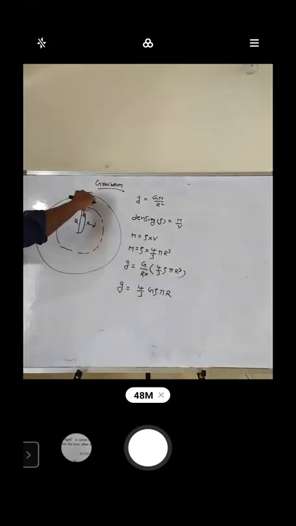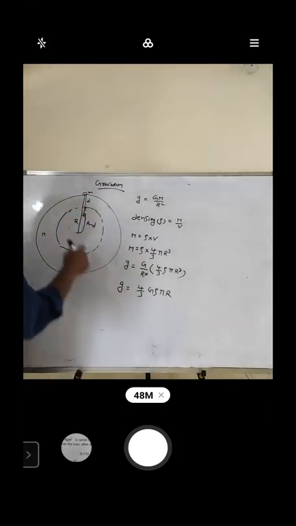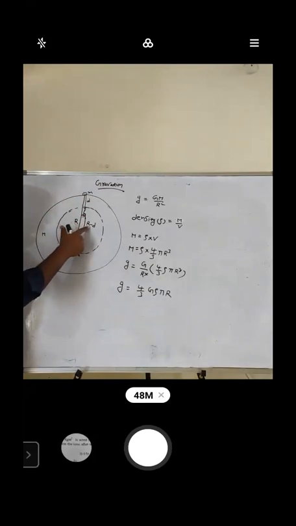So the object is moving inside at a certain depth. When it moves to depth d, the distance becomes r minus d.